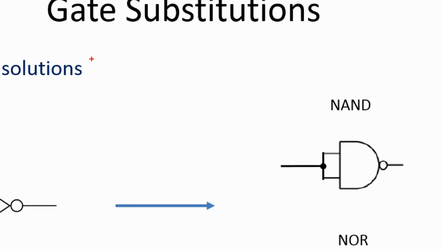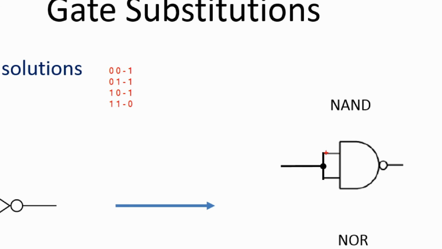Let's look a little bit closer here, and I'm going to design the truth table for your NAND gate. If I have a 0 and a 0, I get a 1; a 0 and a 1, I get a 1; 1 and 0, I get 1; and 1 and 1, I get 0. This is the truth table for the NAND gate.